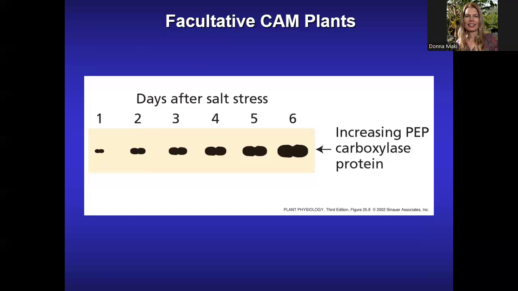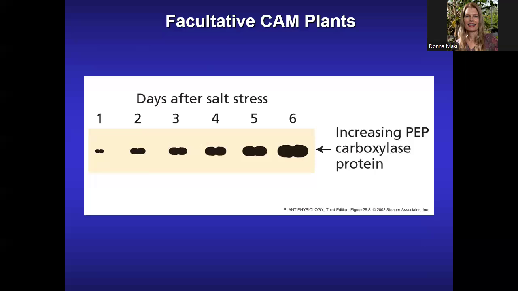So here, this is a study where they were showing the peptase production and amount of peptase protein in CAM plants that were grown in a salty condition. And you can see initially they didn't have much peptase up and running.